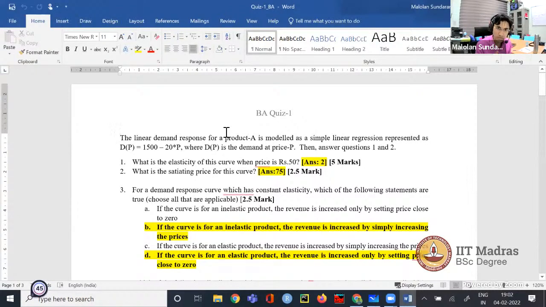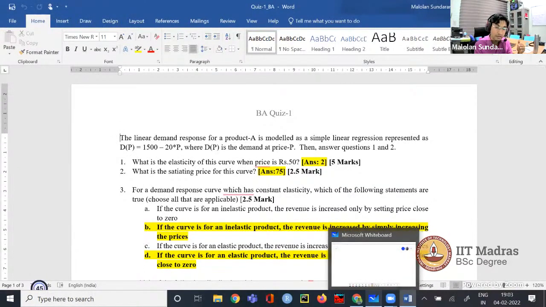The first question is where I've given you a demand curve and we are asking you two things. One, what is the elasticity for this linear demand curve? And number two, what is the saturating price? Two is very intuitive. It is by default the price that gives you zero demand.